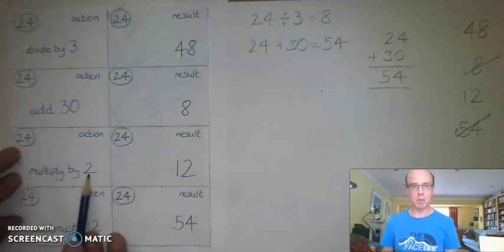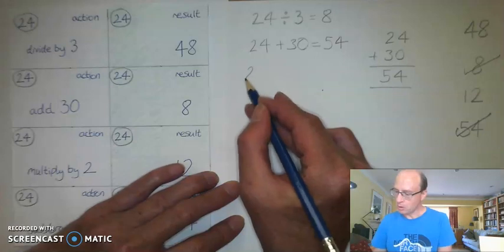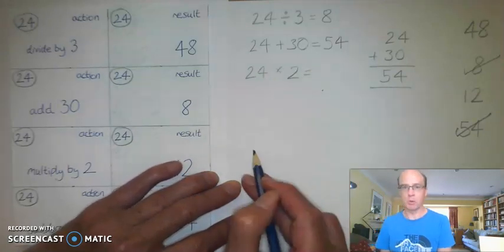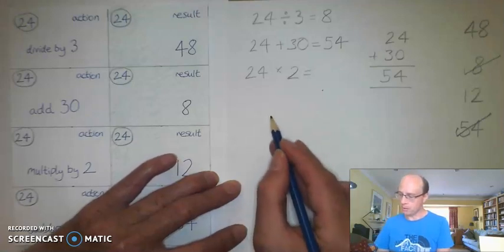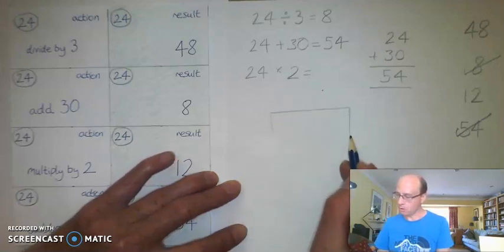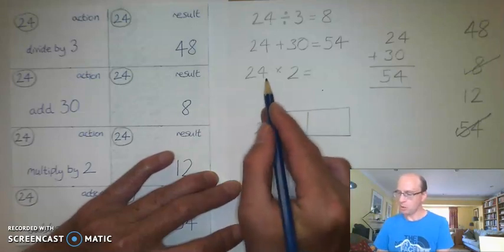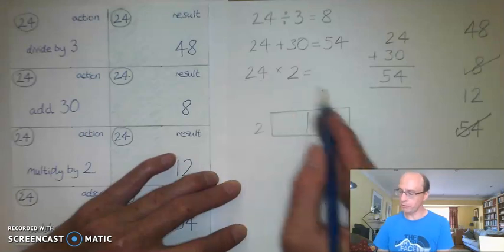Okay, third card, what have we got? 24, and we're going to multiply it by 2. So 24 multiplied by 2 equals what? Let's do a bit of grid method this time. So we've got to multiply by 2. I've got 24, so I've got 20 plus 4.